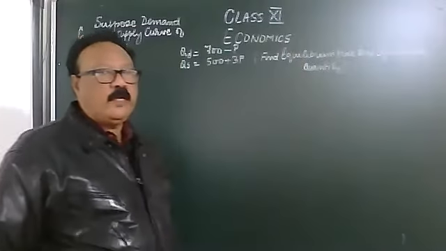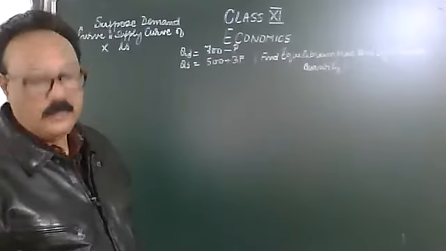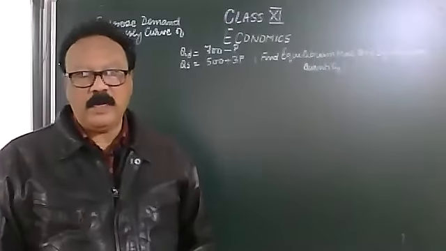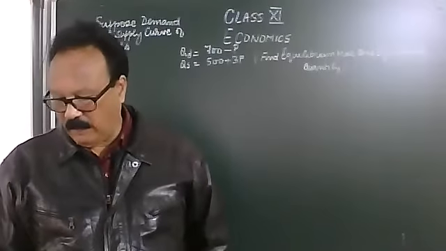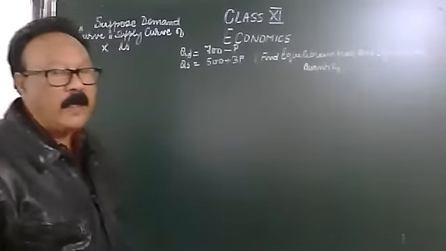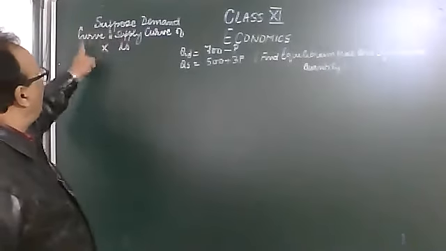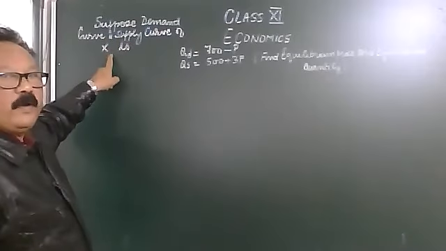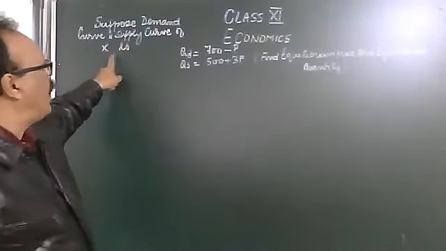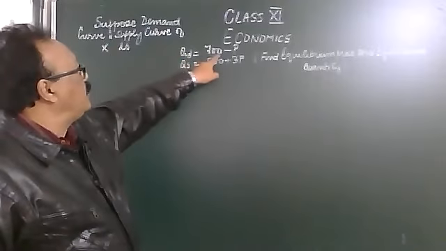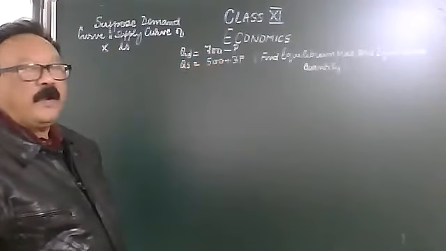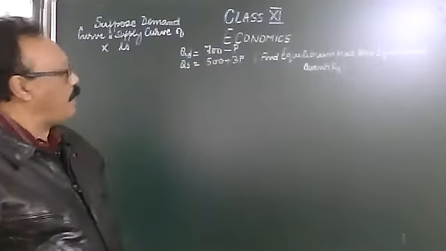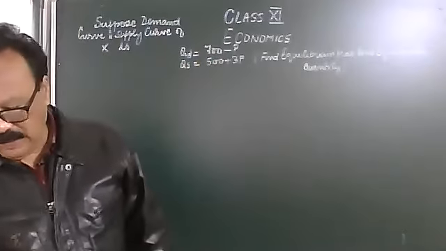Now, question number 22 of your book, which is a numerical, says: suppose the demand and supply curves of a commodity X in a perfectly competitive market are given by, quantity demanded is equal to 700 minus P and quantity supplied is equal to 500 plus 3P.